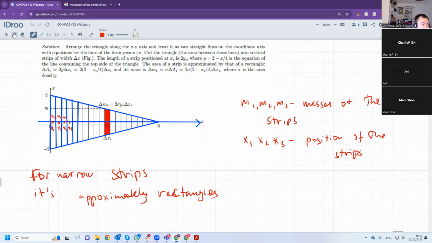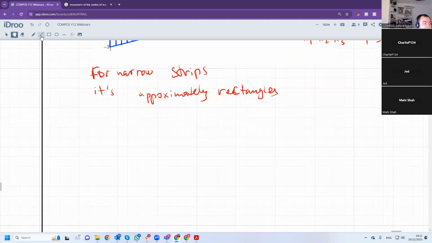So you can think of the triangular sheet as being made of rectangular strips. It shouldn't affect your calculations too much.